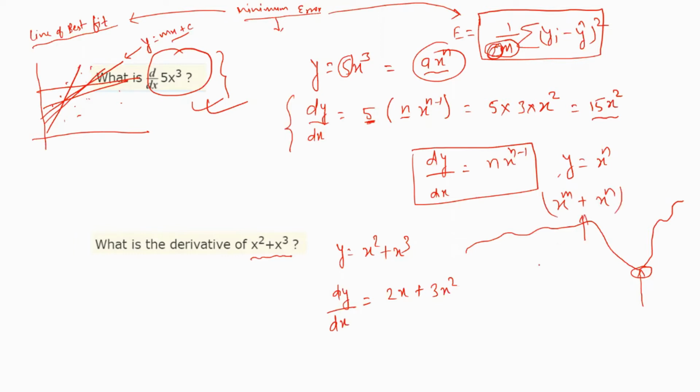You can easily find dy by dx of x to the power m plus d of x to the power n by dx. You can separately find the differentiation and you can add them together. Similarly, here we did this now. Clear, everyone? Do you guys have any doubt here in differentiation? No? Anyone? Okay.